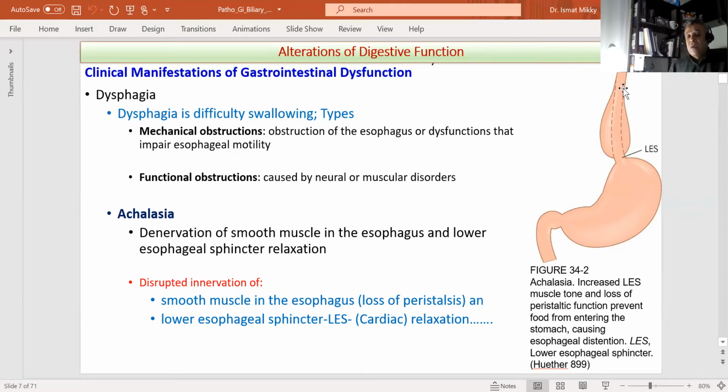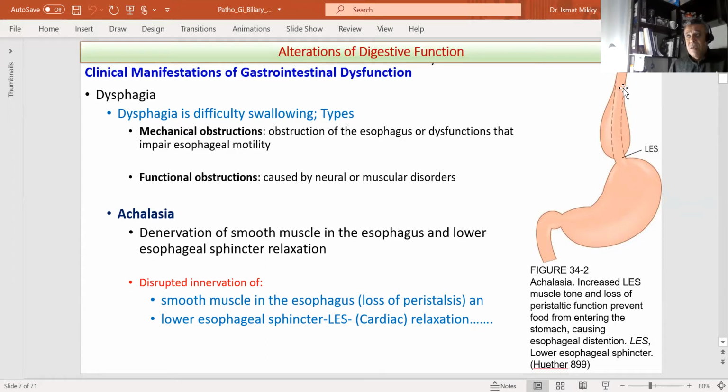So there is a denervation. There is no nerve conduction in the smooth muscle of the esophagus and the LES, or the cardiac sphincter. So achalasia is a form of dysphagia, which is characterized by the loss of esophageal peristalsis.